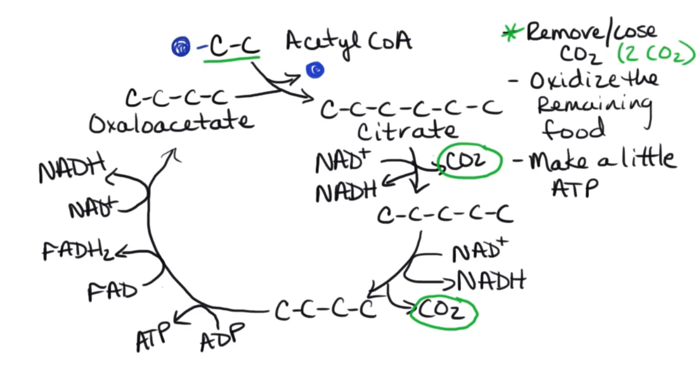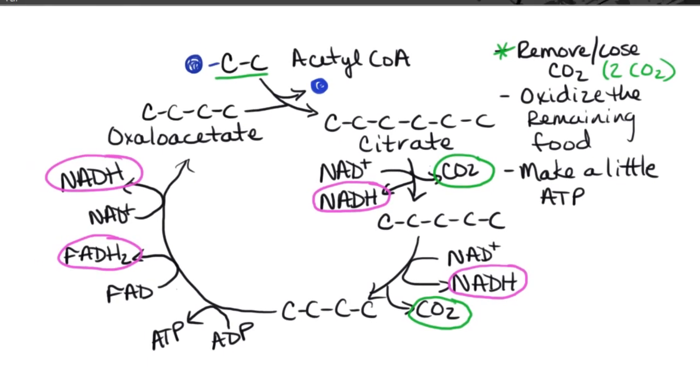The second thing that we said is going to happen is we are going to be oxidizing the remaining food. So notice a number of redox steps. We had one here and we produced this electron carrier. Here was another one where we produced an electron carrier. And then we also had one here and we had one here. So we actually have 4 oxidation reduction reactions.